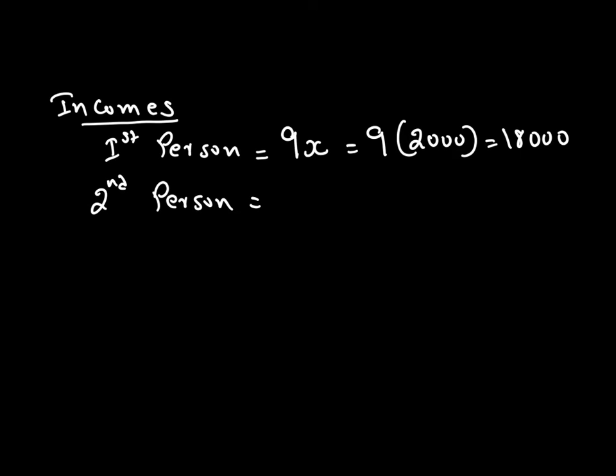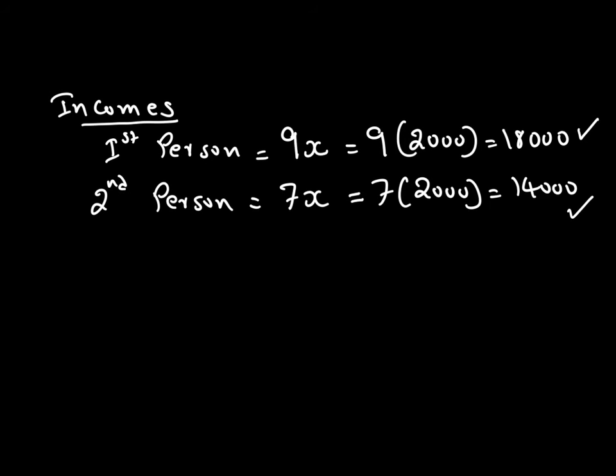And the second person's income was 7x. Remember, the ratio of incomes was 9:7. So 7 times 2000 is 14,000 rupees. So the income of the first person was 18,000 rupees and the income of the second person is 14,000 rupees.